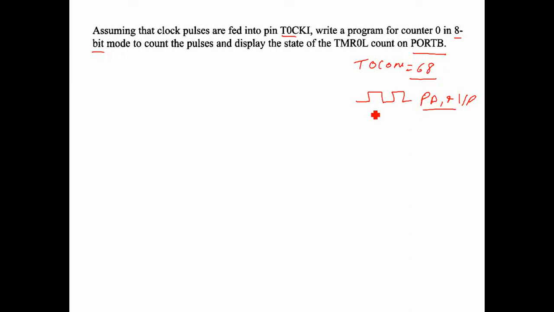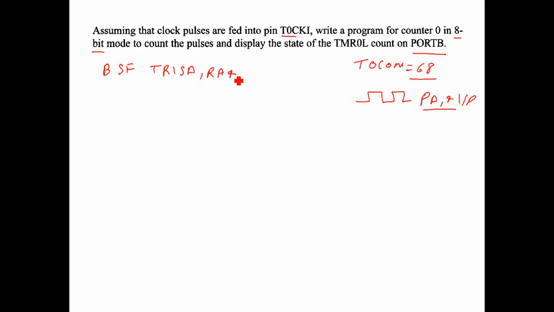For example, if you have attached an IR sensor to pin number 4 of port A, it keeps on giving you the ticks. So this is an input and this is an output. Let us start declaring the pins. We have bit set flag, so that we make this particular pin an input. So bit set flag TRISA comma 4.